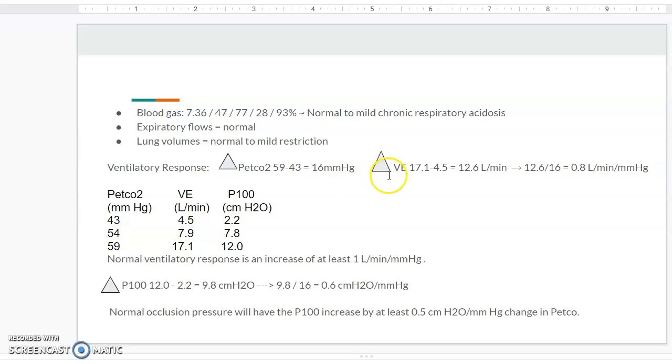Okay. Next, we need the change in minute ventilation. So we start with the final minute ventilation recording, which is 17.1. You subtract out the initial minute ventilation recording, which was 4.5. Okay.